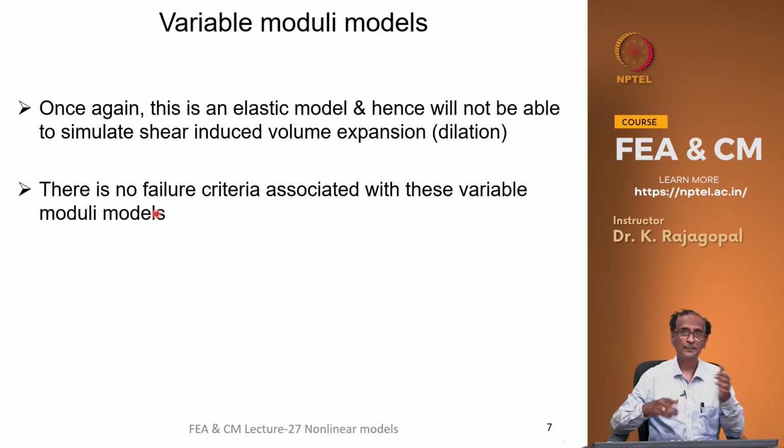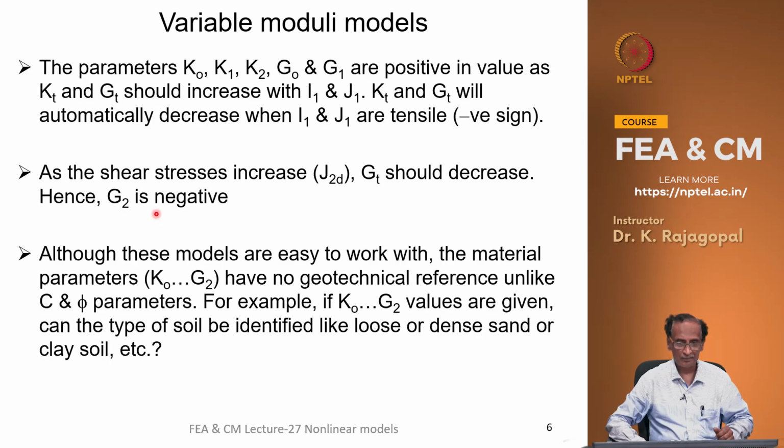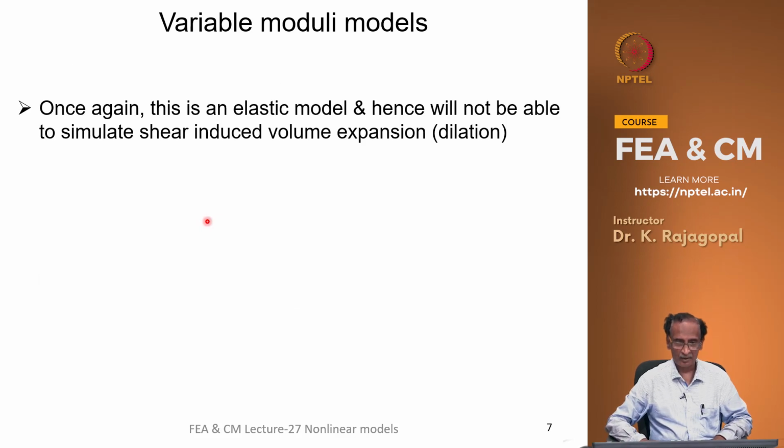We had used the Mohr-Coulomb yield criterion for putting a limit on the shear stresses, but here there is no such limit, and our K0, K1, K2, G0, G1 and G2 automatically take care of the failure, because these are actually determined by regression analysis of the given stress strain curves.